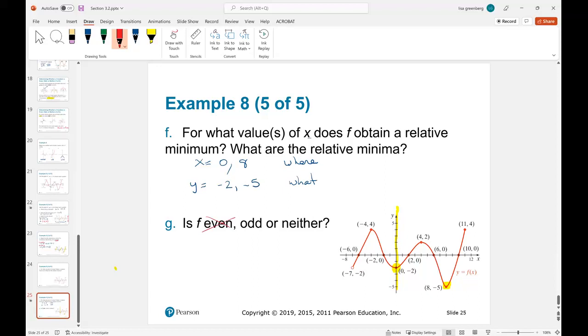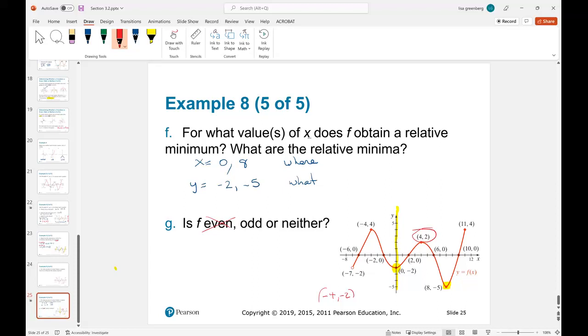Is it odd? Well, you would probably have to draw it and turn it upside down. But if it were odd, and I have this point, let's say, for example, (4, 2), I should have another point on the other side of the y-axis, which is (-4, -2).